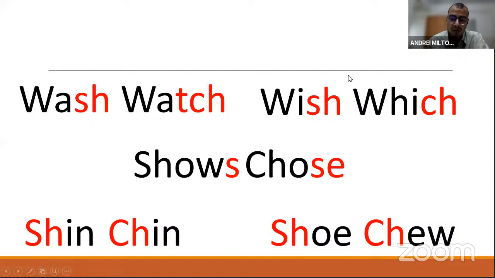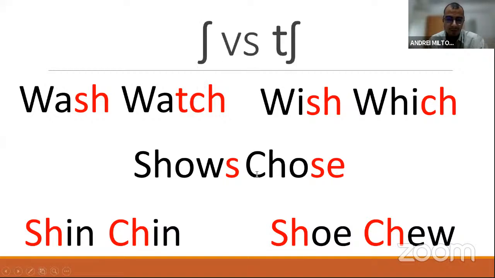Next one. Okay, so it's wash and watch. Can you try to show me? Maybe write it on a paper. Show me which sounds they are. The first one is wash, watch, wish, which. Oh, I have one mistake here in this, shows and choose. Okay, we will correct this one.